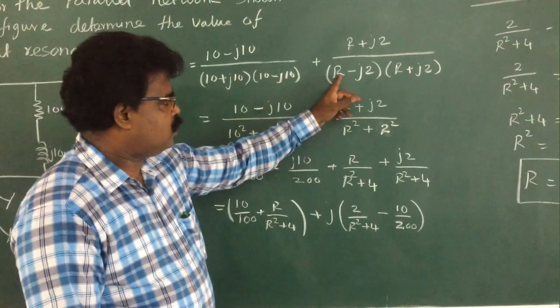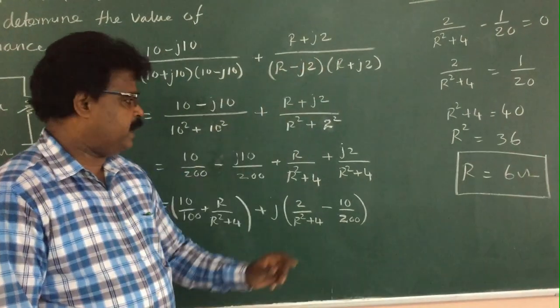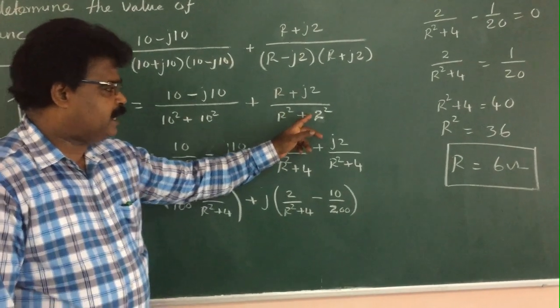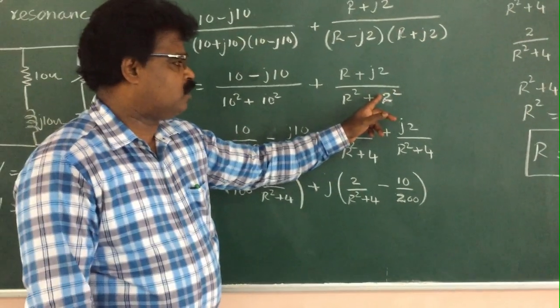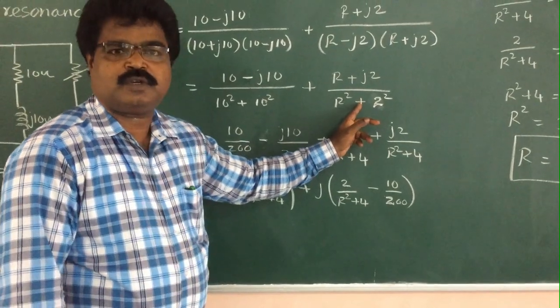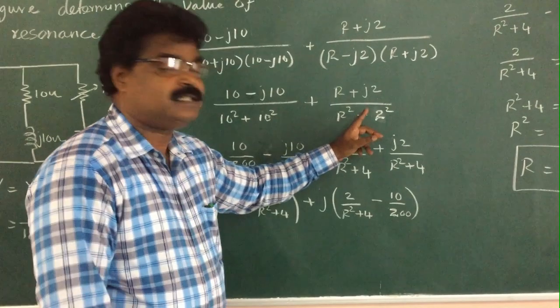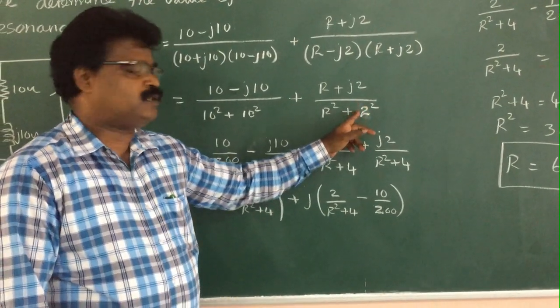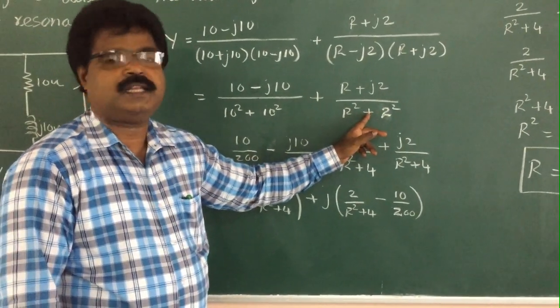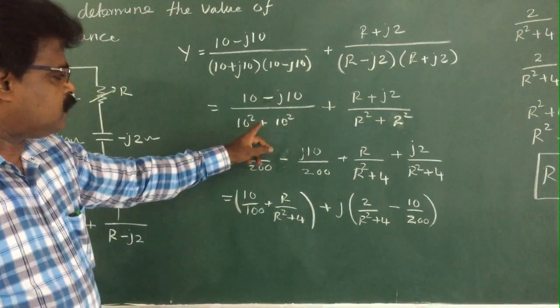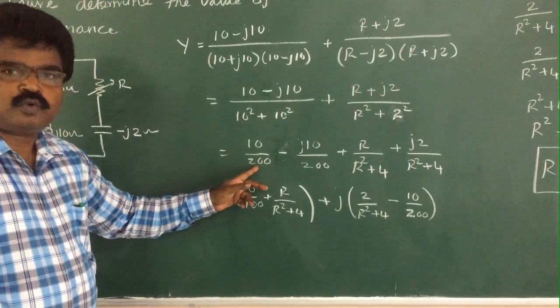Here also a plus b into a minus b, so R square minus j square into 2 square. J square is equal to minus 1, so you will get plus, R square plus 4. Here 10 square plus 10 square, the denominator is 200.